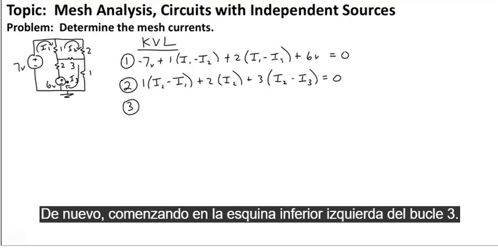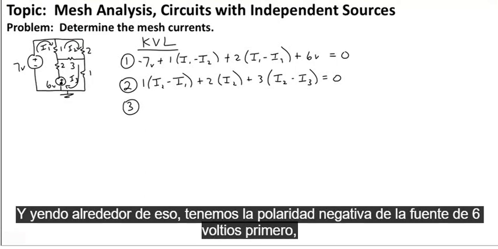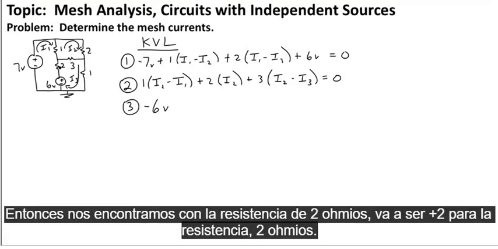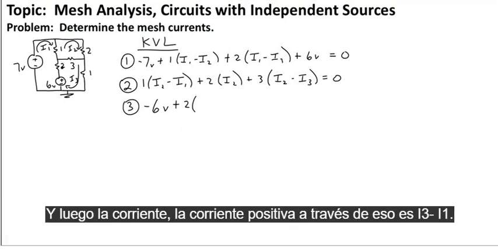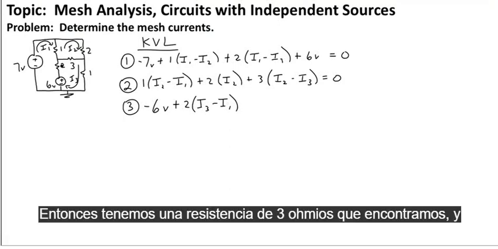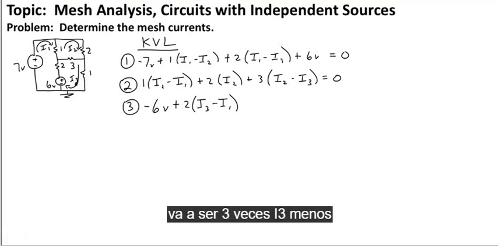Again, starting at the lower left-hand corner of loop 3 and going around it, we get the negative polarity of the 6-volt source first, so it's minus 6 volts. We then encounter the 2 ohm resistor. It's going to be plus 2 for the resistor, 2 ohms, and then the positive current through that is I3 minus I1. Then we have a 3 ohm resistor that we encounter, and it's going to be 3 times (I3 minus I2).